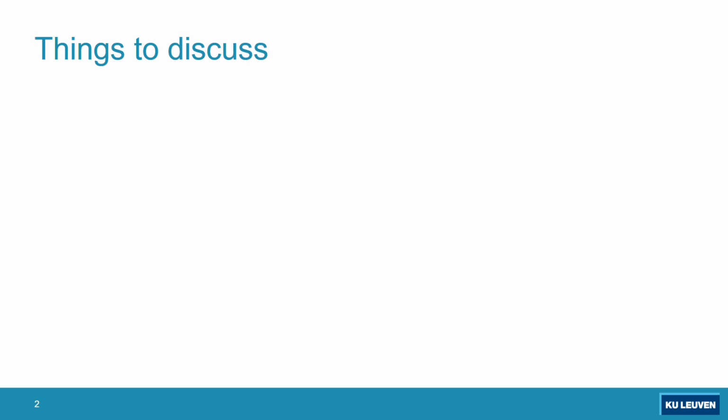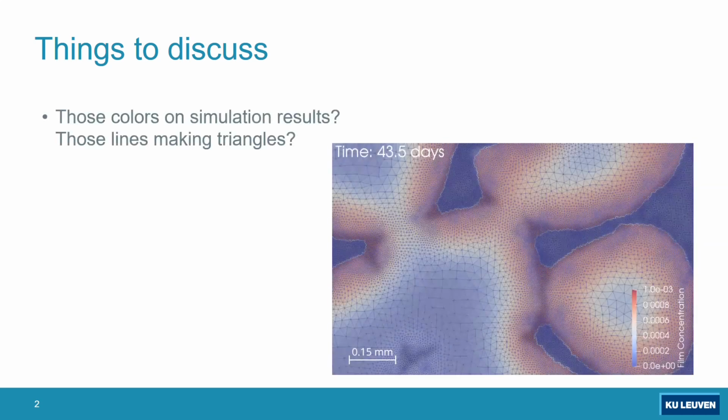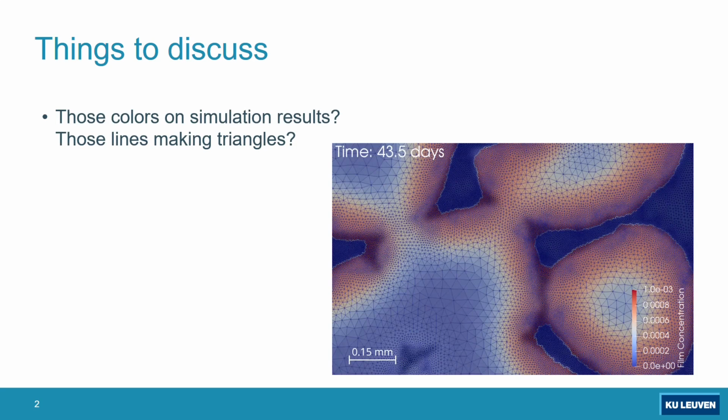The questions that were originally asked were: what are those colors that come out of the simulations, what are those lines and triangles that you see on typical output of computational models, what is the concept of finite element, and why do we use finite element to solve these equations?